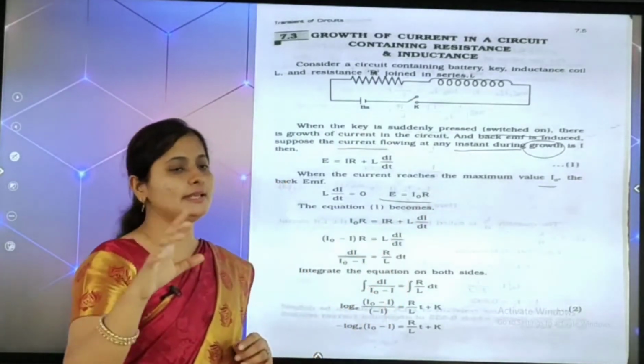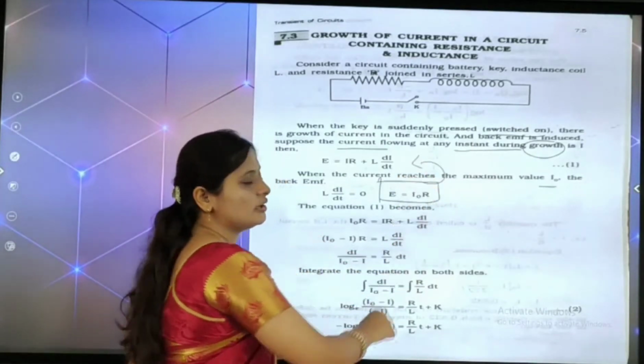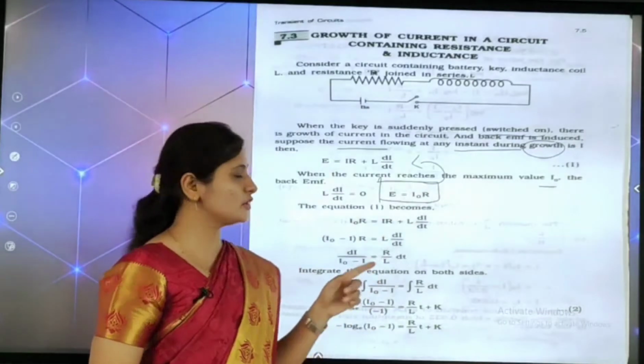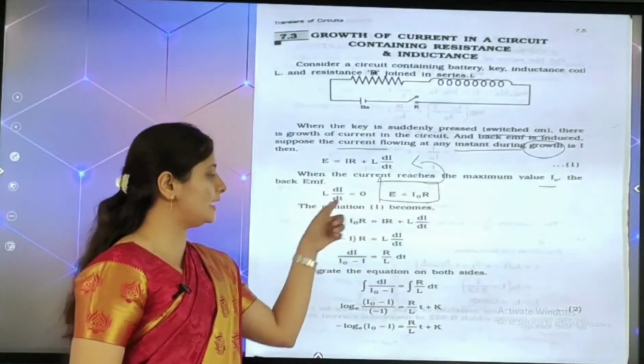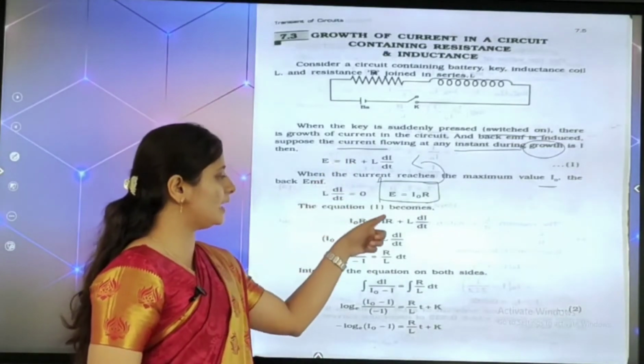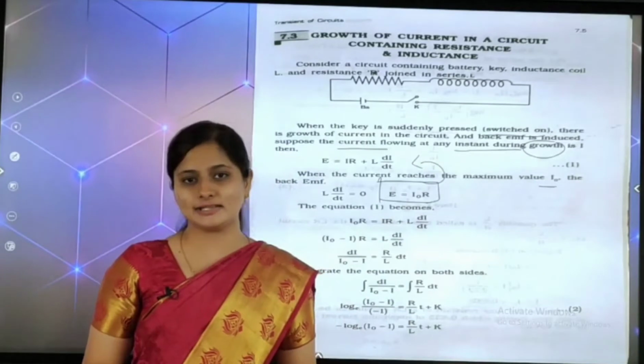Next, we can substitute these values in equation number 1. So see here, equation 1 becomes, instead of E we can write I naught into R is equal to IR as it is plus L into di by dt as it is.